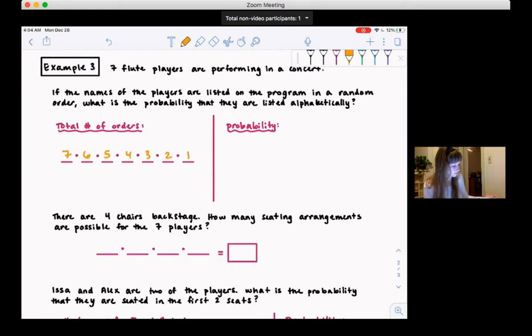So that gives us 5,040 possible orderings. Now we want to know how many ways can they be listed alphabetically? Well, there's only one way to list a group of names alphabetically.